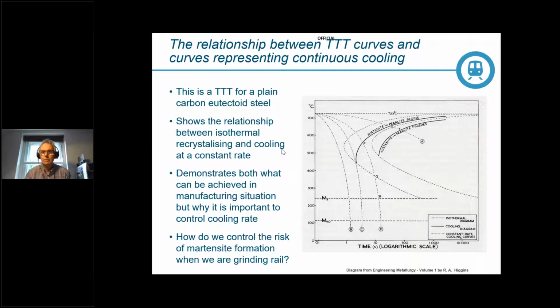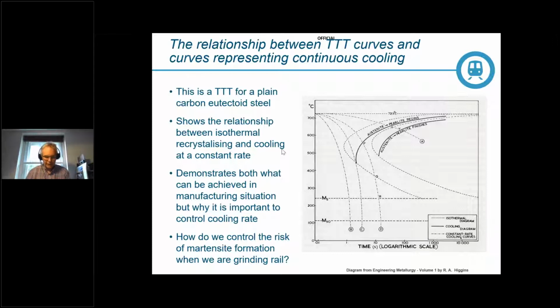Let's make this a bit bigger. So as I said, the bold lines represent the beginning and the end of the transformation. The fine dots are the isothermal curves, and these are the structures produced isothermally, that is cooling at a constant temperature. The chain dots represent the constant rate cooling, and we've got 4 shown on here.